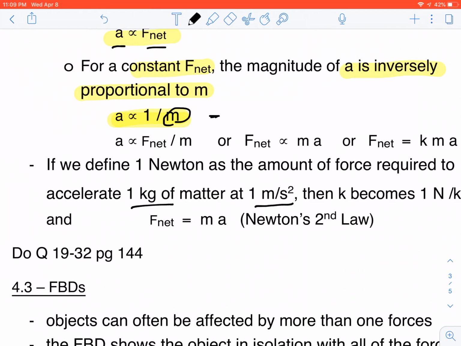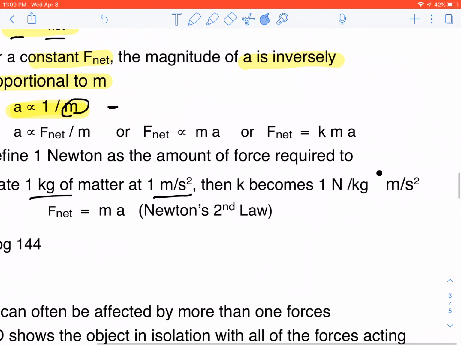If that is the case, then k will be 1. And the units here have to work so that the units I'm left with for F net, which we've been using units of newtons, named after Sir Isaac, F net is measured in newtons, where m is in kilograms and a is in meters per second squared.